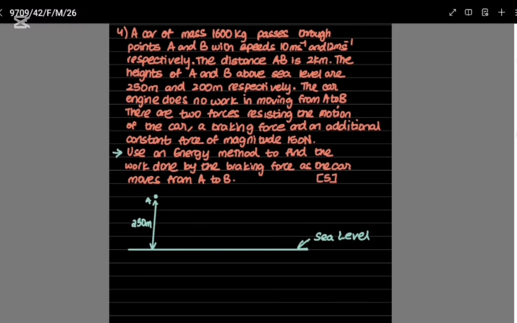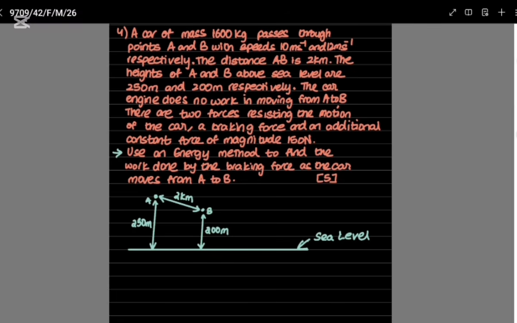Now this is B, and this thing over here is 200 meters. They told us the distance AB is 2 kilometers. This thing over here is 2 kilometers.